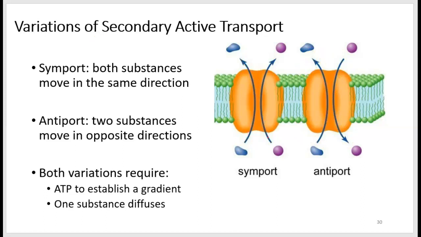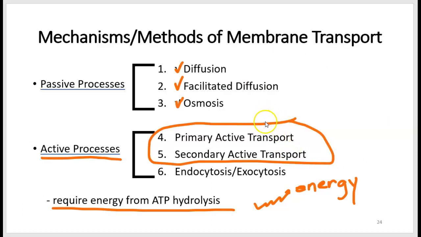You've got one substance moving down its concentration gradient and the other substance moving against its concentration gradient. So those are all the complicated mechanisms involving ATP, or the use of energy for membrane transport.